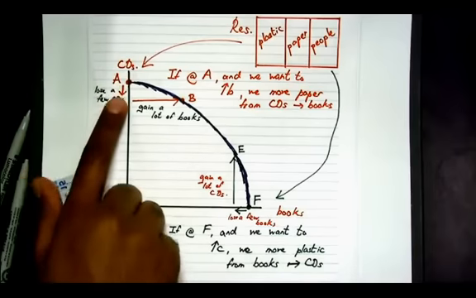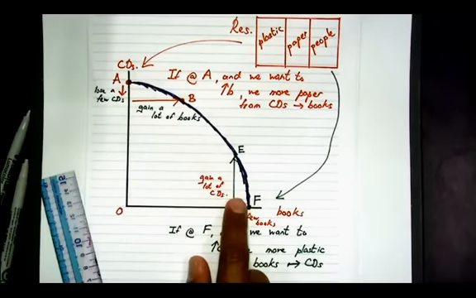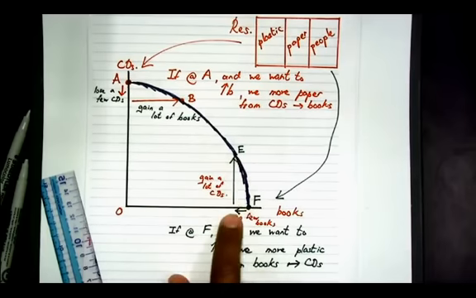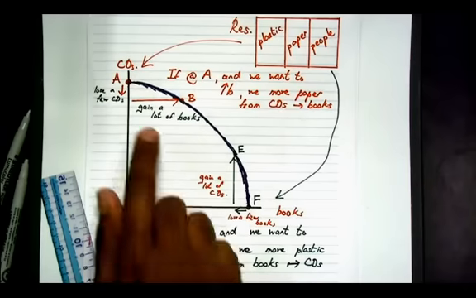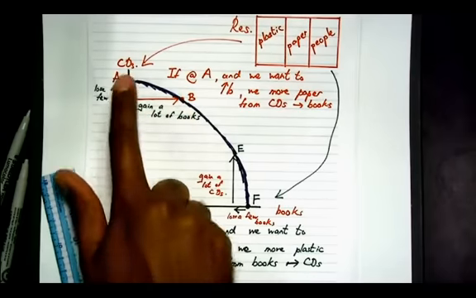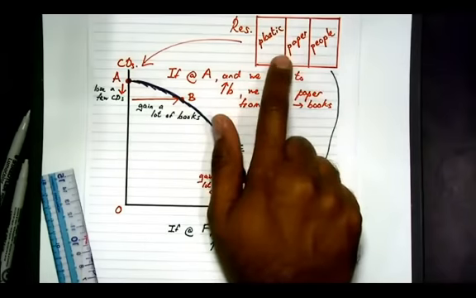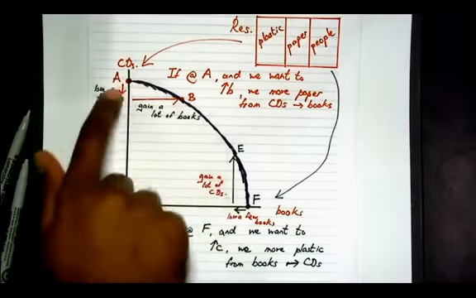Some are really good at making books, some are really good at making CDs. So if they're really good at making CDs, the amount of CDs you gain is a lot compared to the books you have to sacrifice. If they're really good at making books, the amount of books you gain is a lot compared to the CDs you sacrifice. So because resources are different, you get a concave PPF.